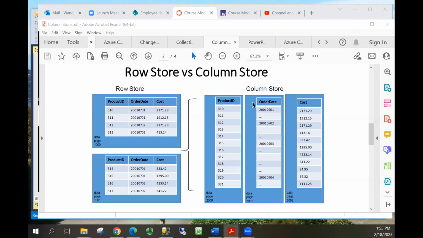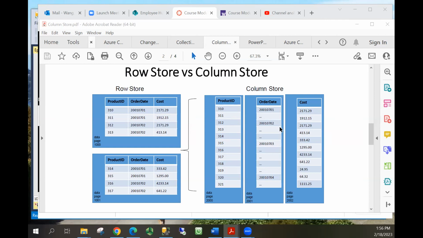If you use column store for updates, the data will be stored by column, not by record, not by row. Then you may need to go to more locations to get the data you need.